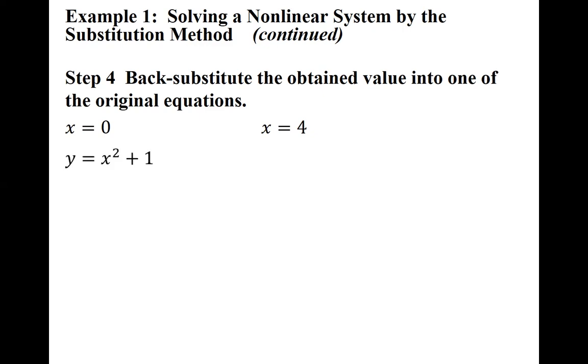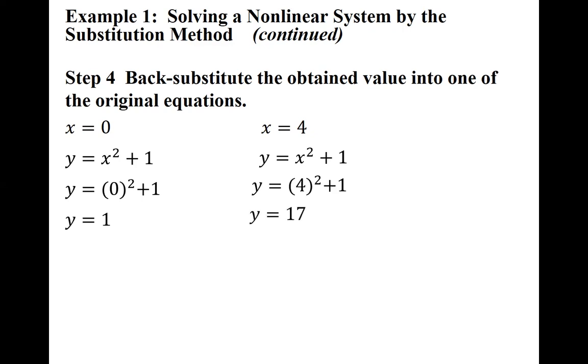Plugging in 0 for x. If y is x squared plus 1, then y equals 0 squared plus 1. When x is 0, y is 1. Plugging in 4 for x. If y is x squared plus 1, y is 4 squared plus 1. Y is 16 plus 1, y is 17. So when x is 4, y is 17.